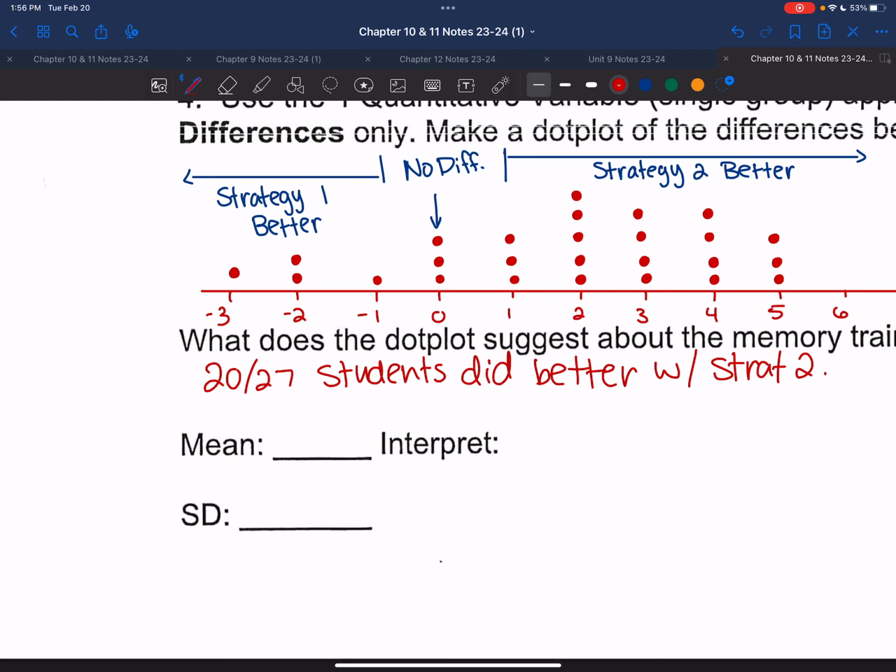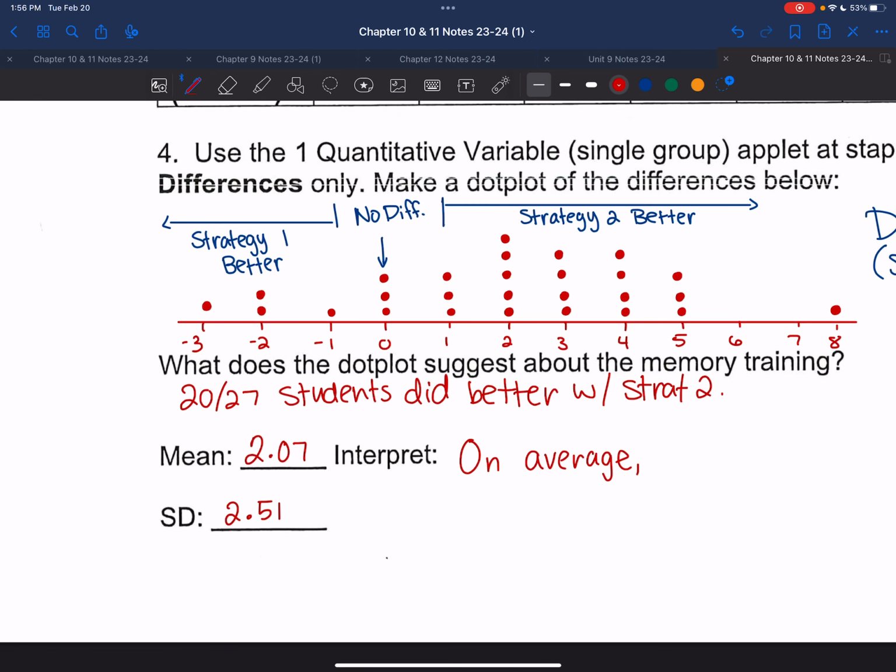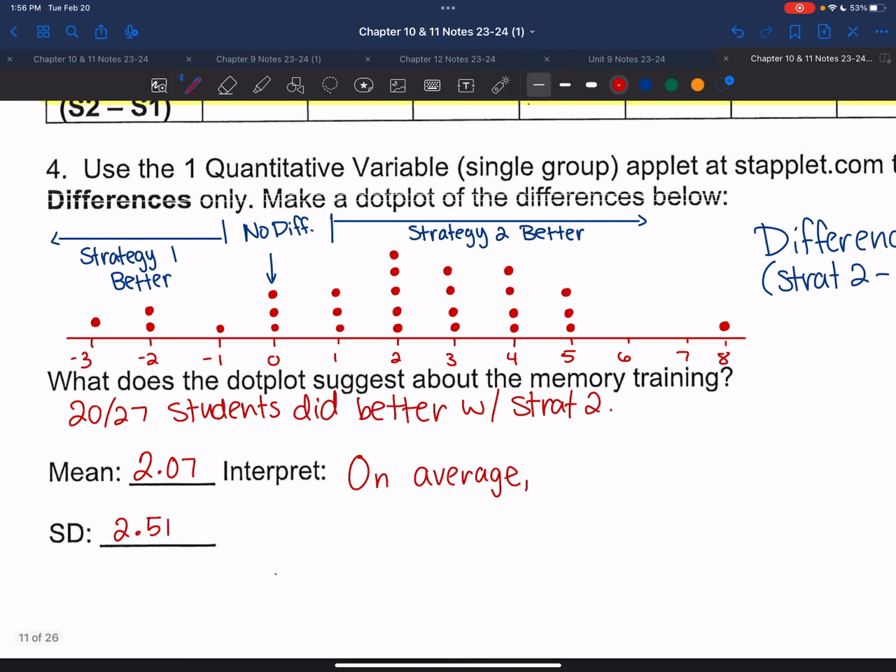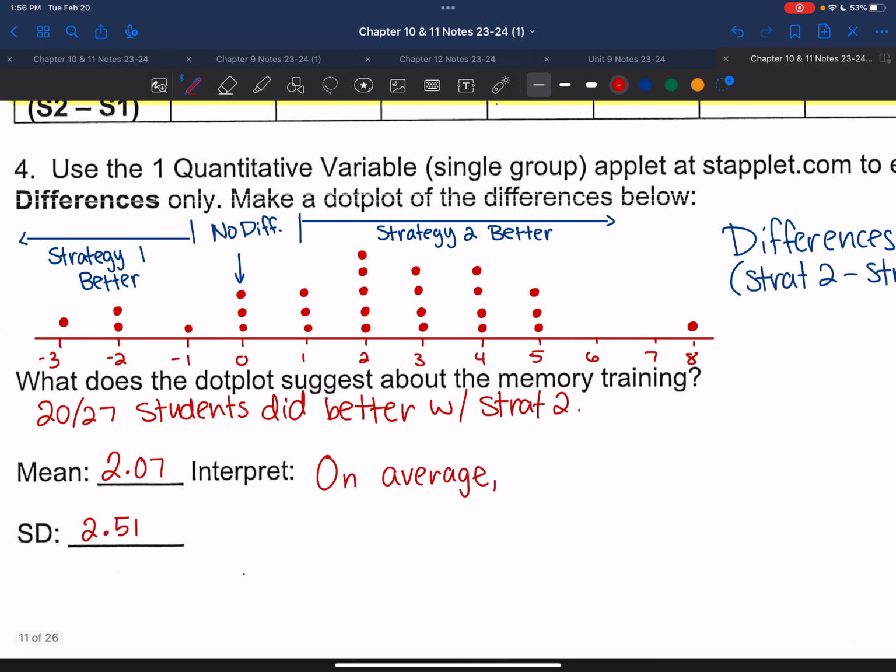If I calculated the mean and standard deviation for this, I'd have a mean of 2.07 and a standard deviation of 2.51. And it asks us to interpret this mean. A mean is an average, right? So that means on average, a student remembers 2.07 more words using strategy 2.